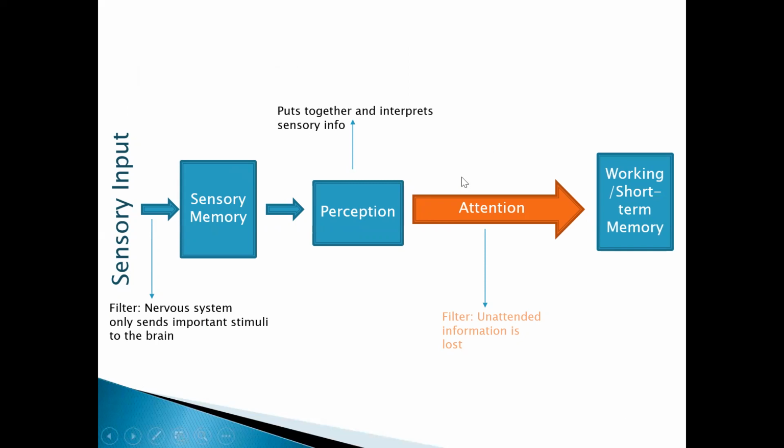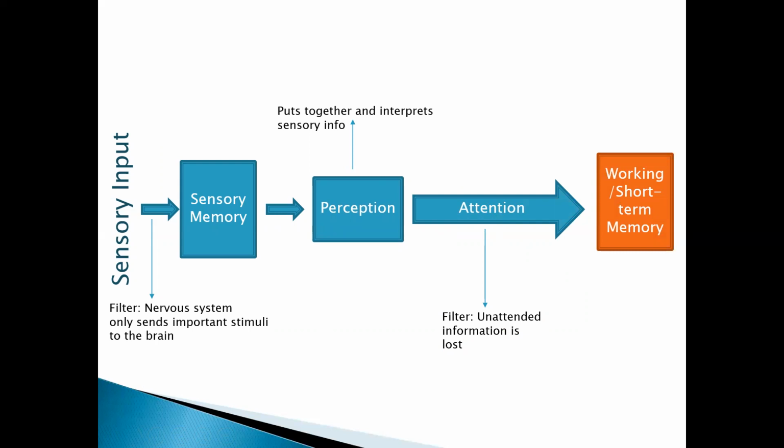Then what happens is our brain chooses to attend to certain things that are being perceived. And so attention really is just a process of picking things that are being perceived and moving them into our working memory, which is where we actually think about stuff.